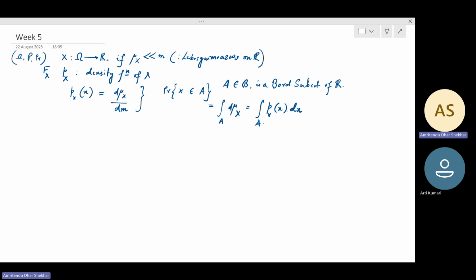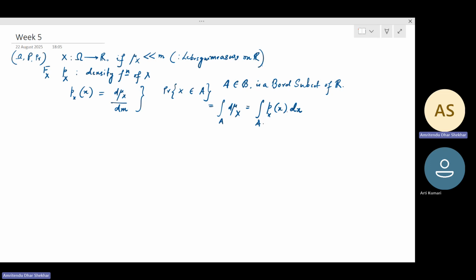Right. So we saw last week about these random variables which do not permit density functions. In particular, if a random variable is discontinuous, it will not admit a density function.